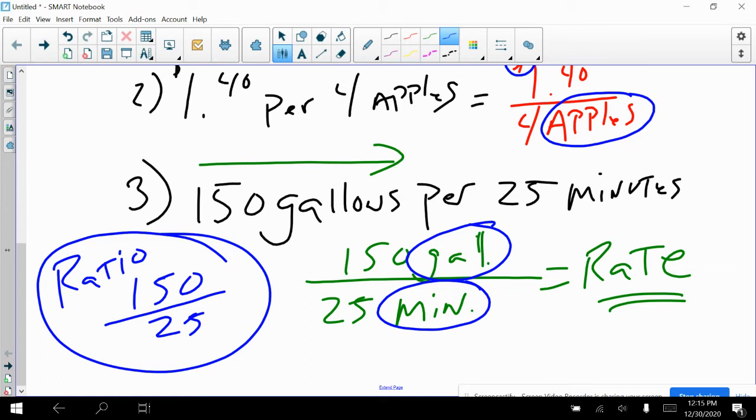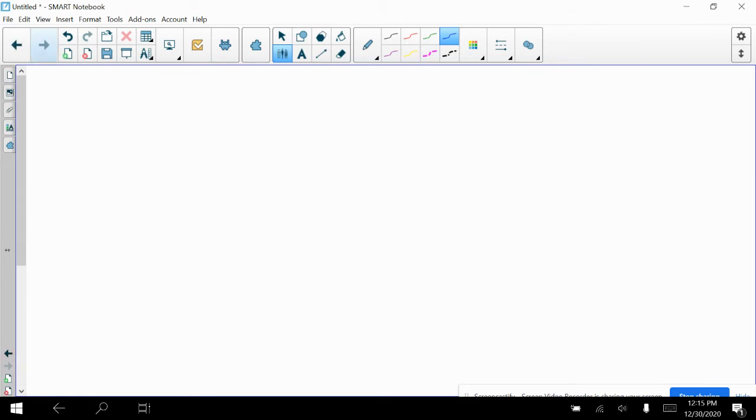The produce section in the grocery stores here in town are a wonderful place to find rates. The gas station would be another. They're all over the place. So let's specifically talk about something called a unit rate.